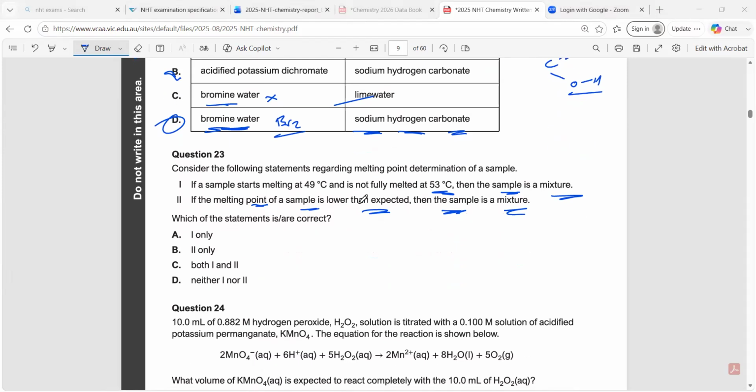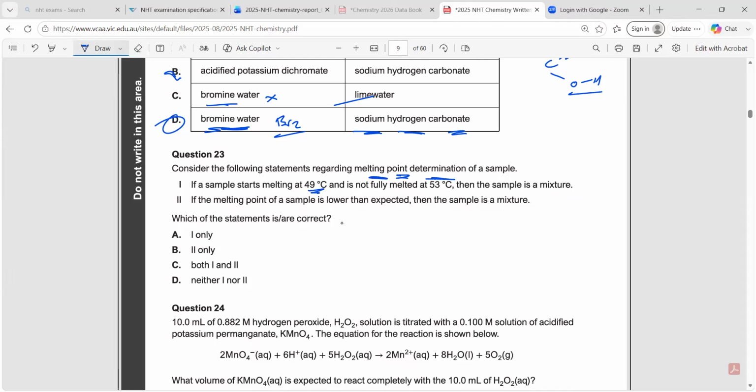Okay, sorry about that, guys. As you might be able to tell, my melting point determination definitely needs some revision. It's new to the study design, so I haven't had much practice on it. Take back everything I said before. Pure compounds tend to have very small ranges of less than 3 degrees Celsius.